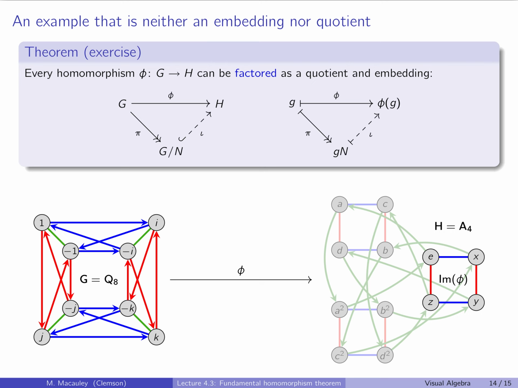And the proof of this is just like the proof of the fundamental homomorphism theorem, but you just drop the condition that this map iota has to be onto, because the map iota is onto its image, but the image does not have to be all of H. So it's basically an immediate consequence of the fundamental homomorphism theorem.